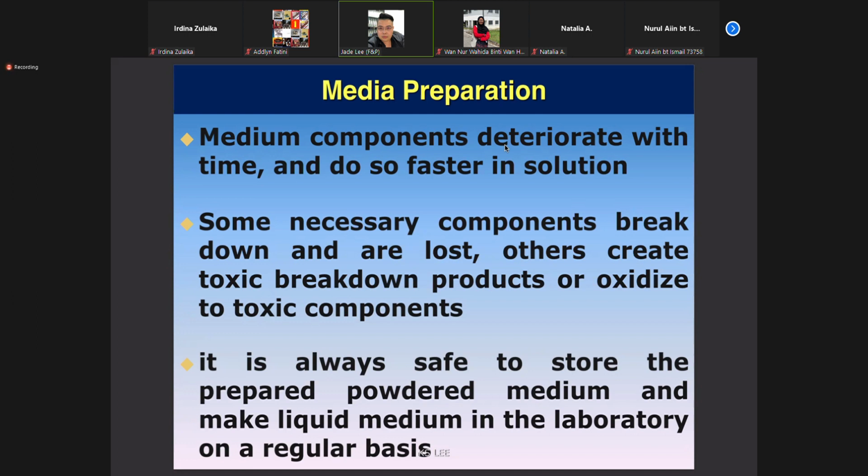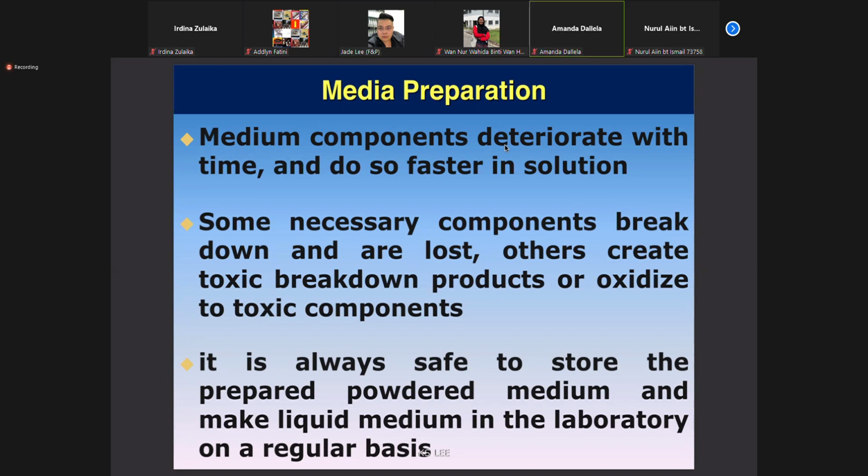So it is best you prepare the media freshly. For example, if you want to culture the cell in the next 2 days, you can prepare it today or tomorrow. So the media is always fresh, and you have all the necessary components for the cells to grow. Okay, make sense?